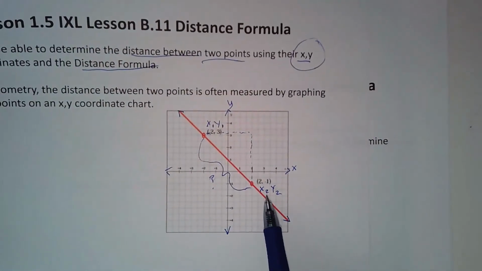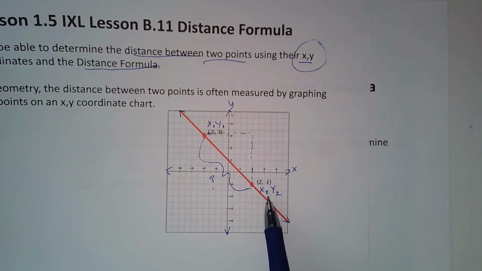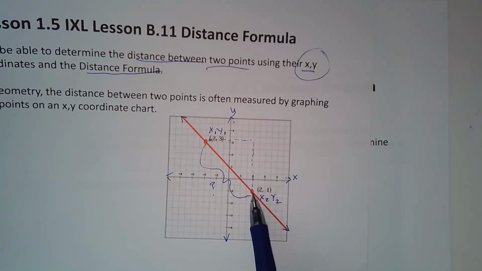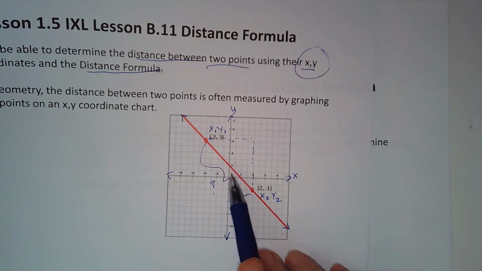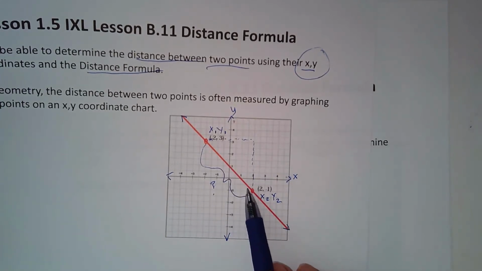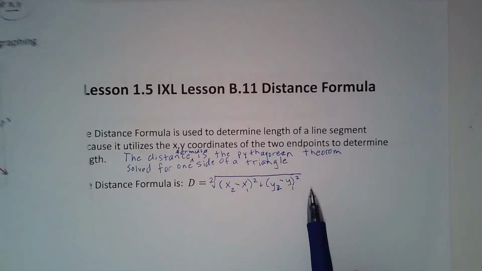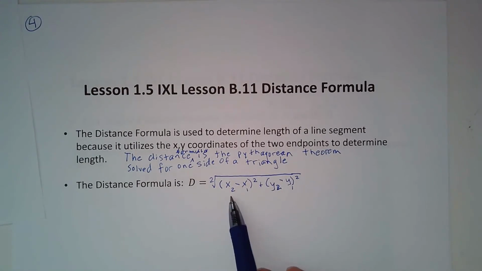Pythagoras did not have the distance formula, but when the XY coordinate chart was created, the people who started using it realized that they could modify the Pythagorean theorem to come up with a distance formula for any of the sides of a triangle. So this is the distance formula.